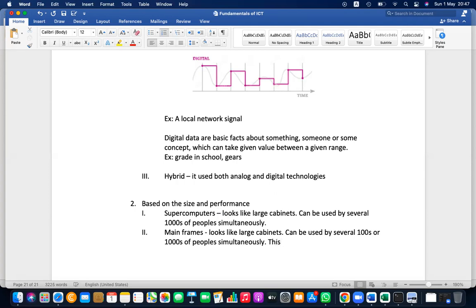Please remember that this term is also used to identify the ancient computers developed in the first and second generations. That is something different.